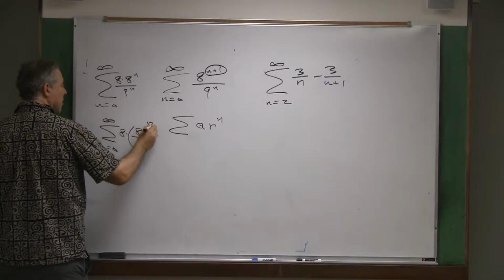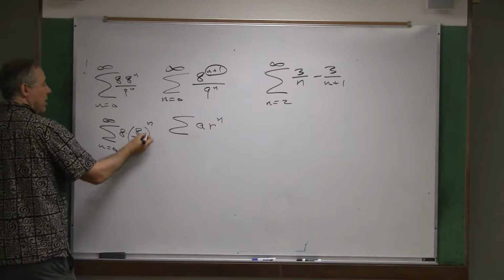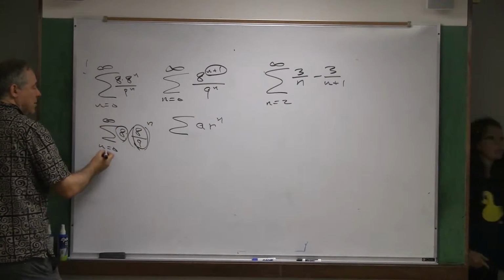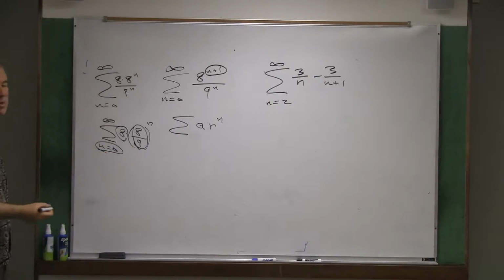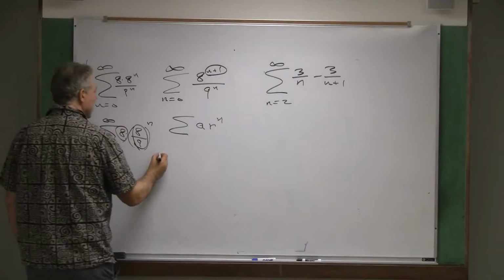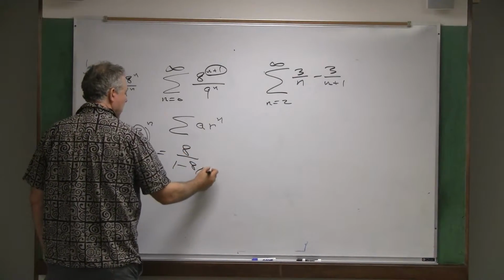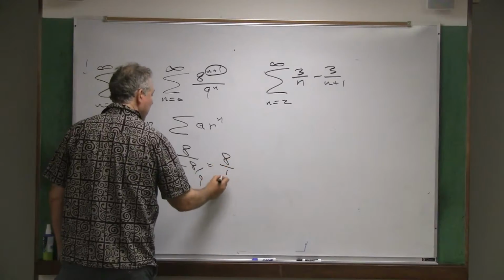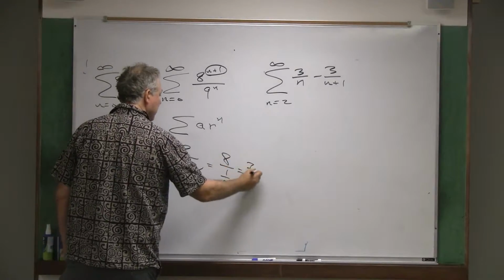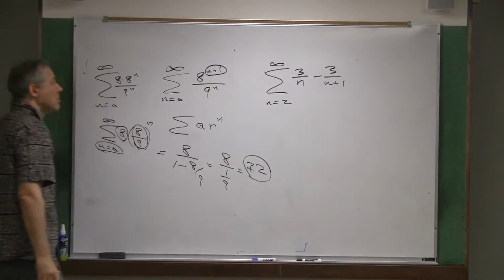You make it that, and that's your R, that's your A. You're starting at 0, so you can just go straight into the formula, A over 1 minus R. So this is 8 over 1 minus 8 ninths, or 8 over a ninth, or 72.